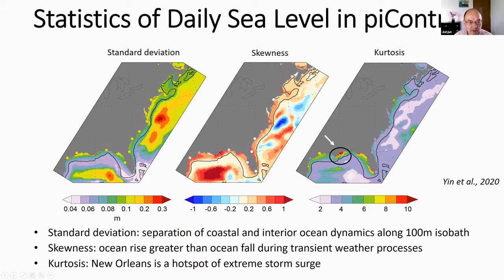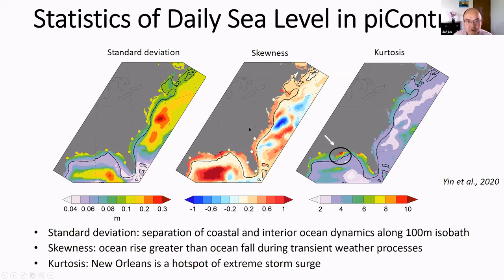You can see this 100-meter isobath separates the coastal process from the ocean interior dynamics, so it roughly separates the two dynamical regimes. And the colored circles are the tide gauge observation data. So you see the model data comparison.